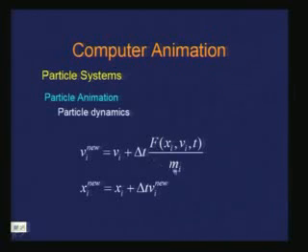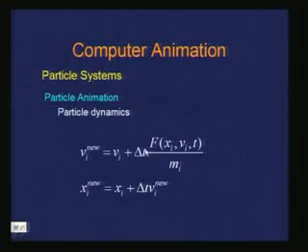This term gives me the acceleration F over m, where m is the mass of the particle. This is the Euler approximation when you do the numerical solution of this differential equation, because F is equal to ma is nothing but a differential equation, where a is d squared x by dt squared.